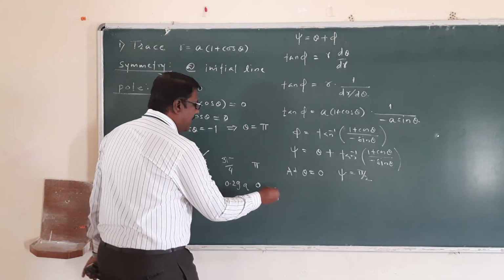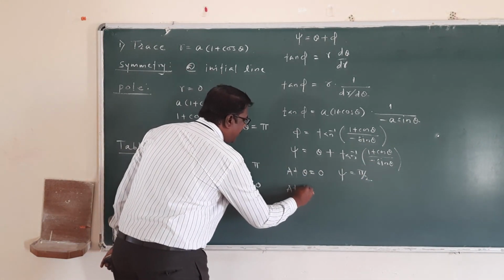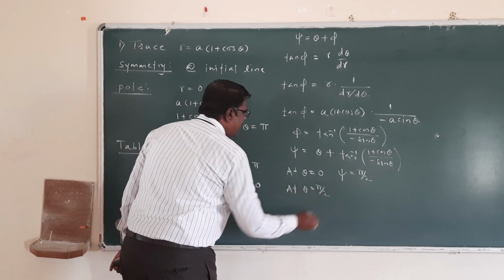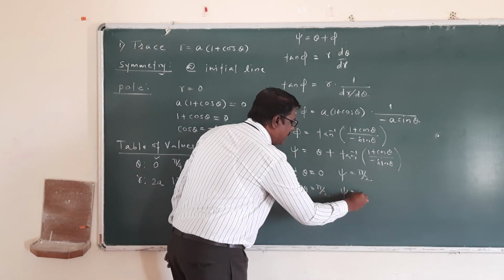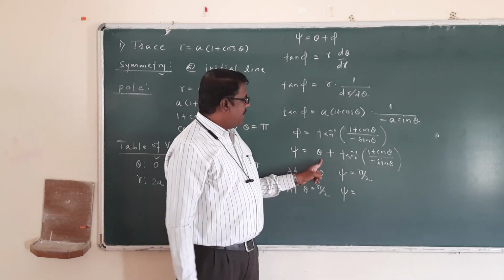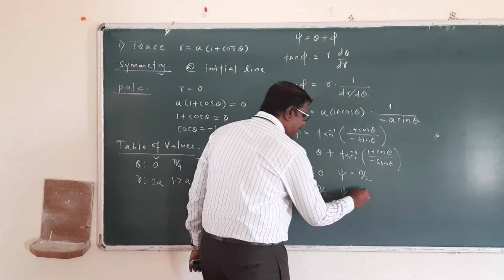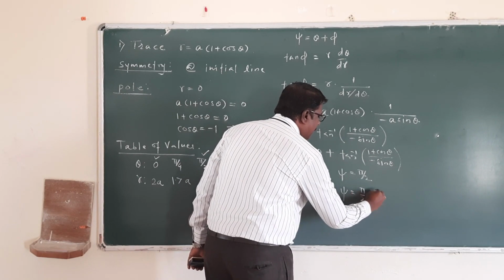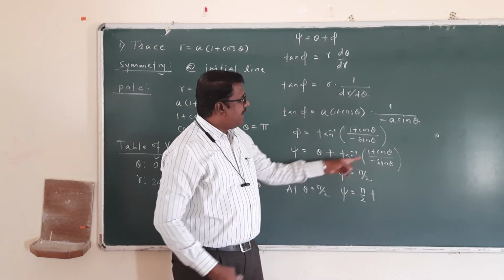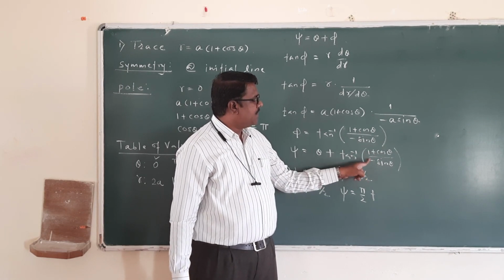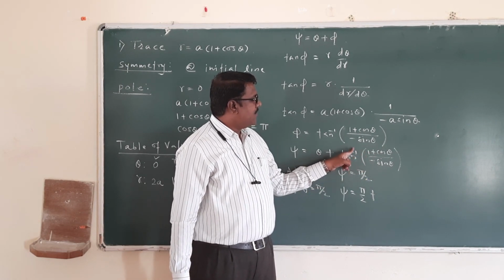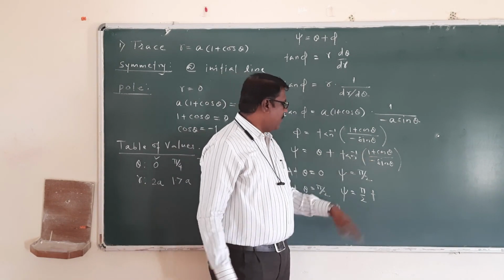Now next, at theta is equal to pi by 2, what is the psi? So psi is equal to, now see, here pi by 2, I will write it as pi by 2, plus tan inverse of, cos 90 is 0, sin 90 is 1, so 1 upon minus 1, it is minus 1, and tan inverse of minus 1, that we have to calculate.